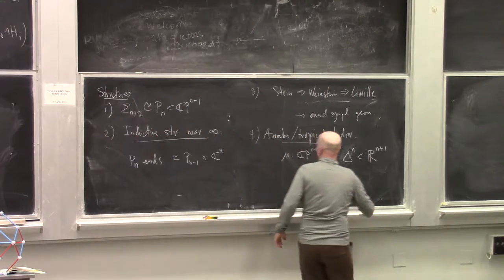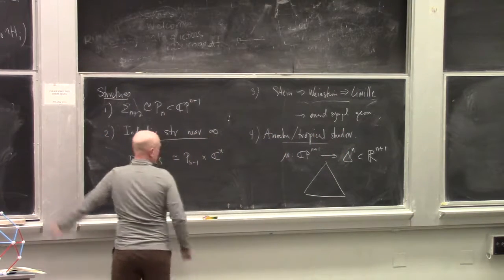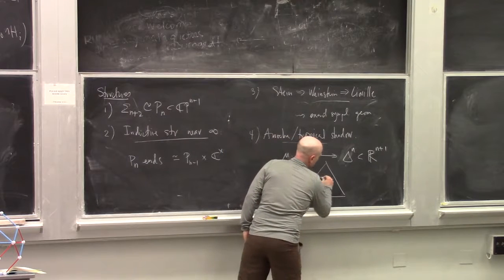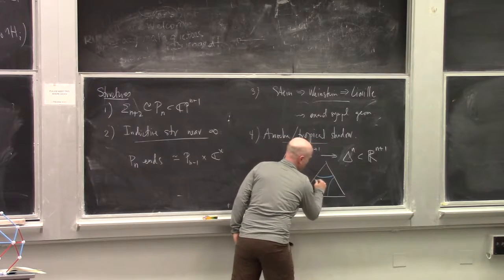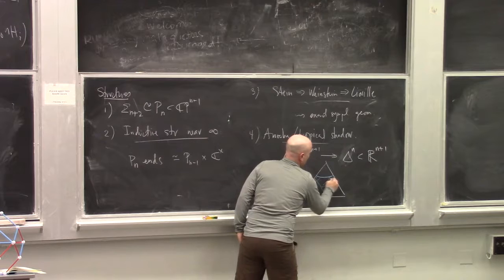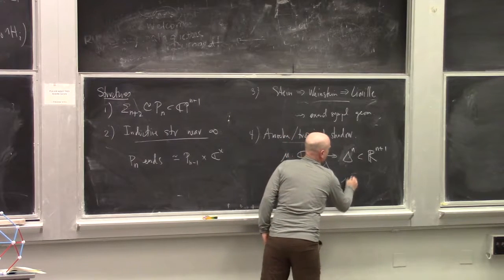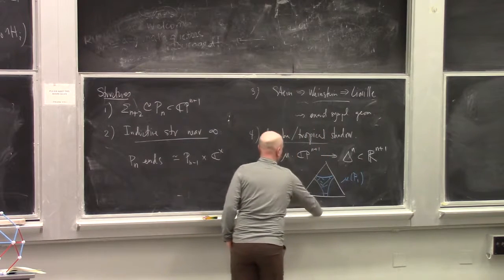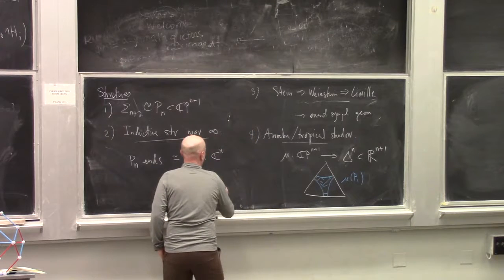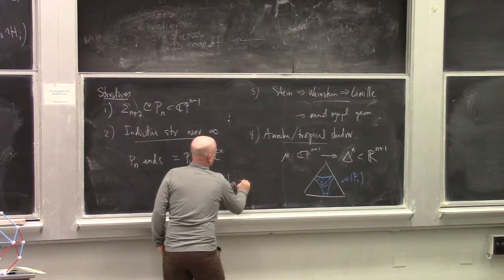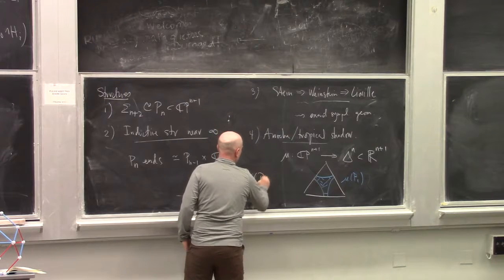Now we can look at the image of the pair of pants under this map, and its image is some kind of amoeba-like creature. So this is mu of U_1. This is the amoeba, which equals mu of the pants.